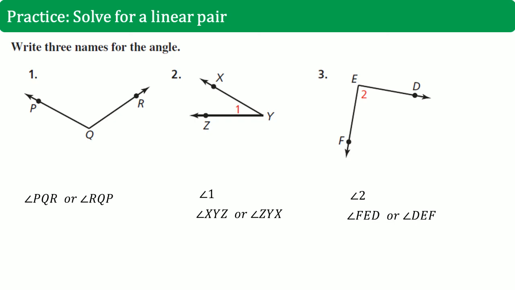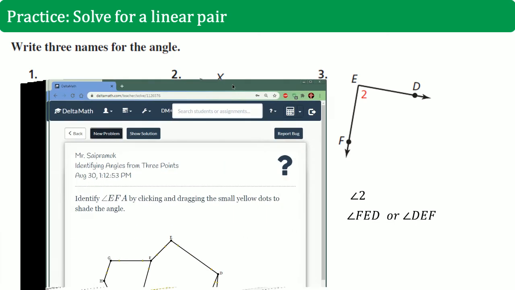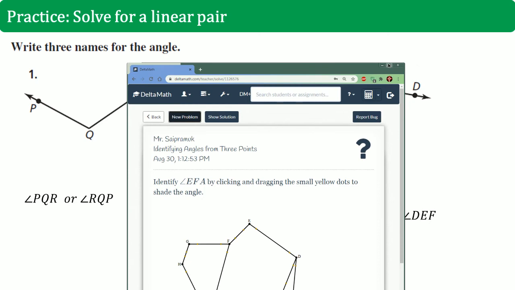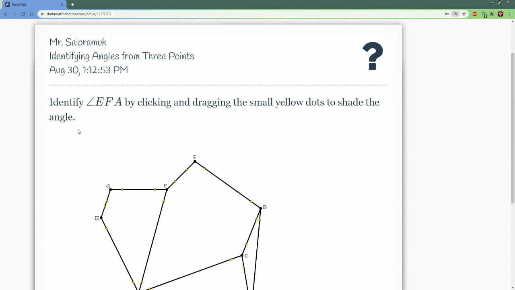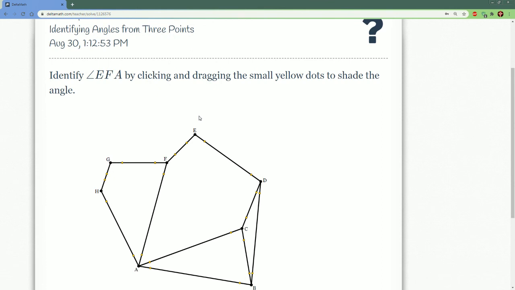That's about it, but I would like to show you how a problem would look like in Delta Math. Let's look at this problem. It says to identify EFA by clicking and dragging the small arrow dots to shade that angle. Let's look at EFA. So E is right here, right? So we start at E, then we go to F, right?